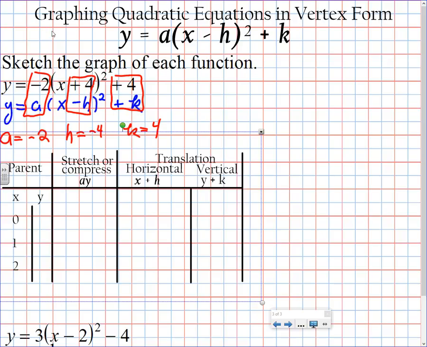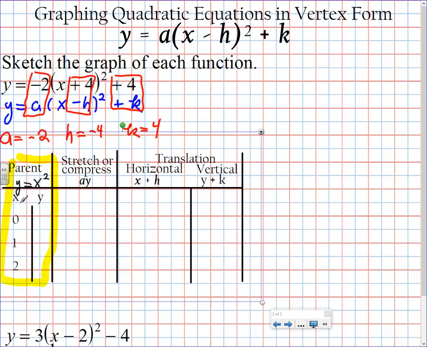It never changes. In this graph, this would always be the same. The parent would always be the same. And in this case, the parent will be y is equal to x squared. If you're a parabola, that's always the parent.